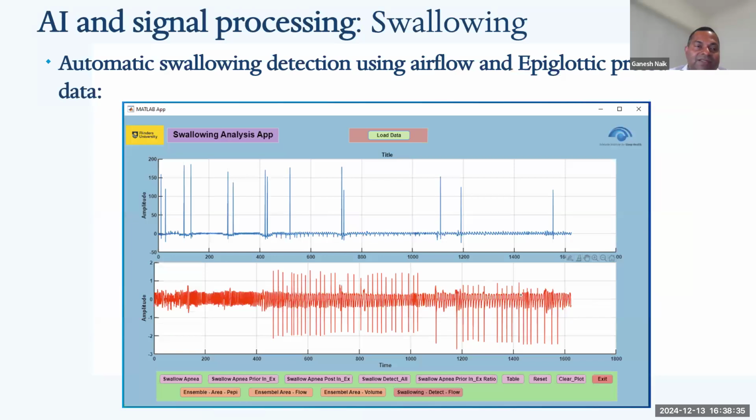The next one, I'll quickly go through, is mainly signal processing: swallowing.